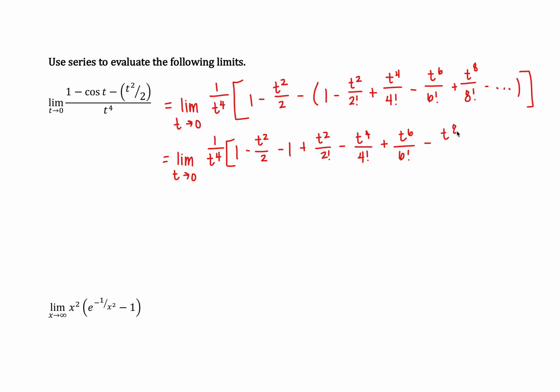Well, 2 factorial is just 2. So these first 4 terms, the first 2 cancel out the second 2. So these first 4 terms are just 0.